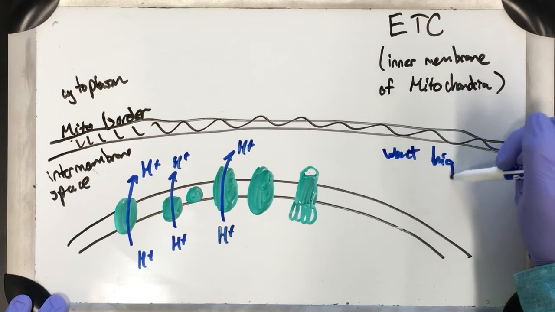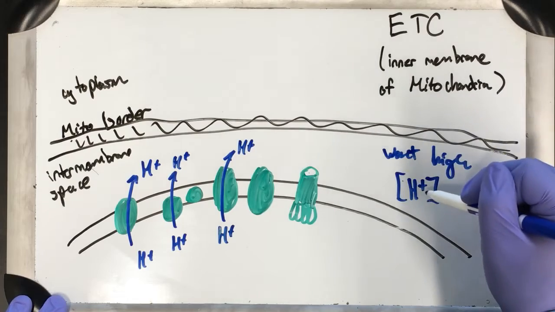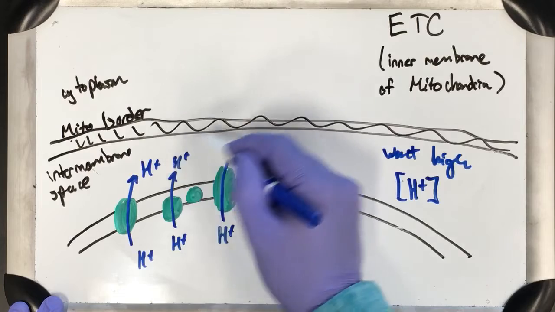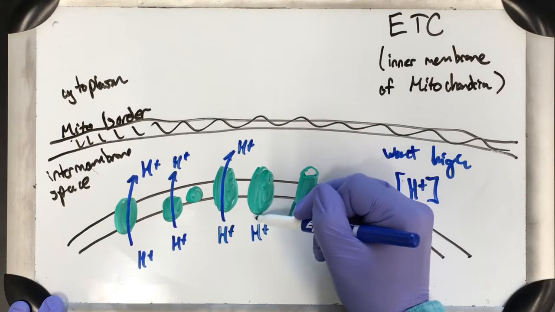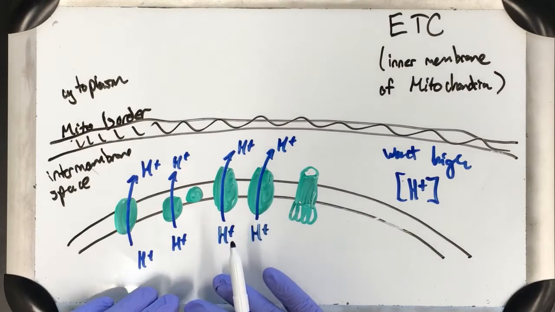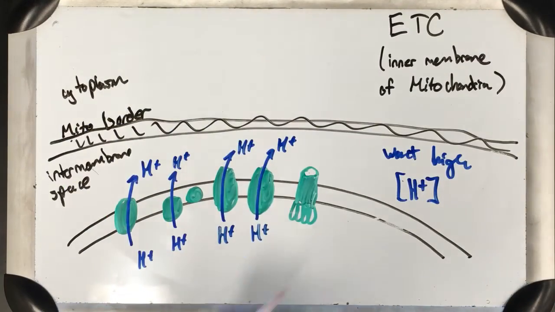We want high H+ concentration here. That's notation for concentration. We want to load all these H+ out here. Now, to form a gradient and to go against the 50-50, we need to load all these out and we need to use energy to do it.